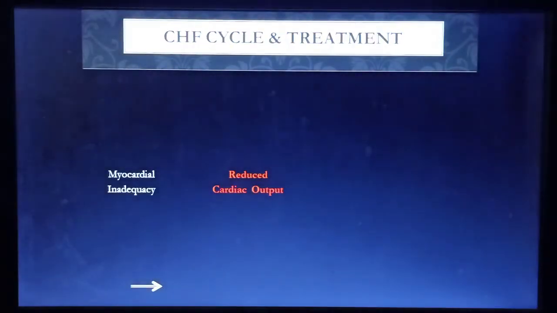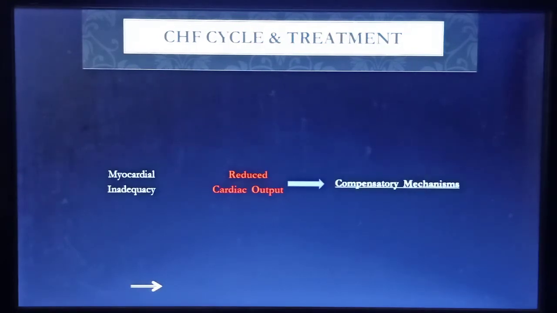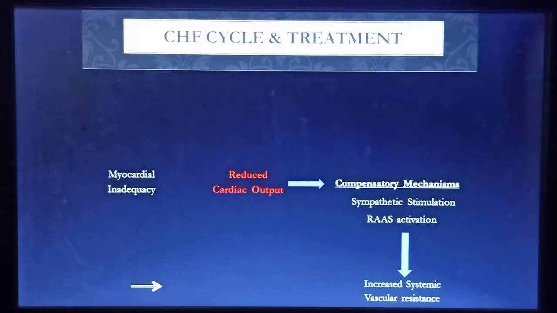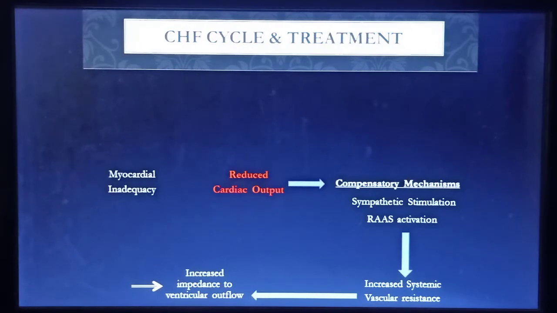Before moving to the treatment of congestive heart failure, let's see the cycle of congestive heart failure. Due to myocardial inadequacy, the cardiac output is reduced. Due to the reduction of cardiac output, compensatory mechanisms occur, like RAS activation and stimulation of the sympathetic nervous system. Due to these, systemic vascular resistance increases, which increases the impedance to ventricular outflow.